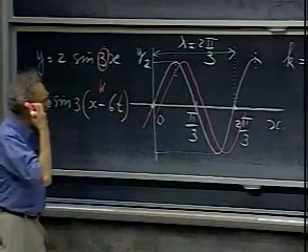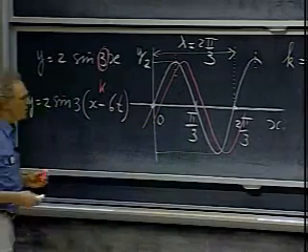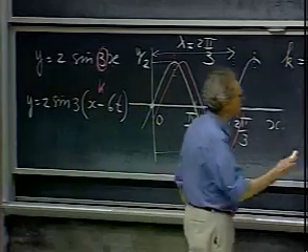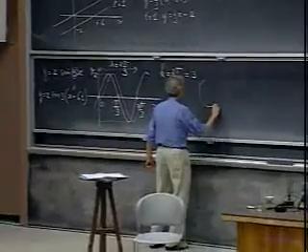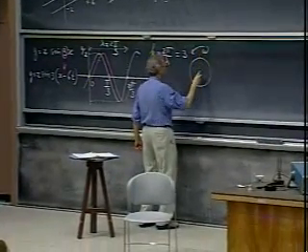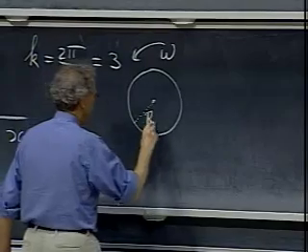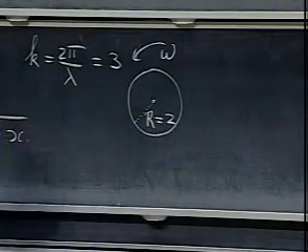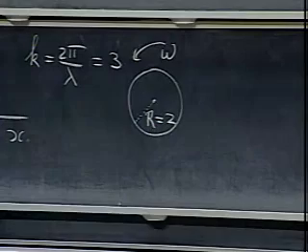Can we make such a traveling wave? Yeah, we can do that actually quite easily. Suppose I have here a rotating wheel, rotating with angular frequency omega, and let this have a radius r, and I give it 2 units so that I get the same amplitude that I had here.